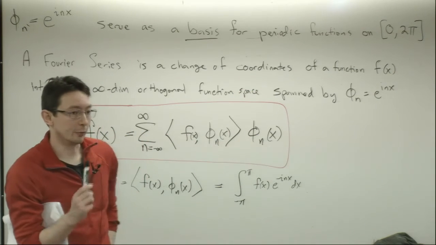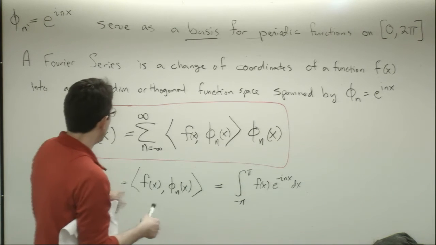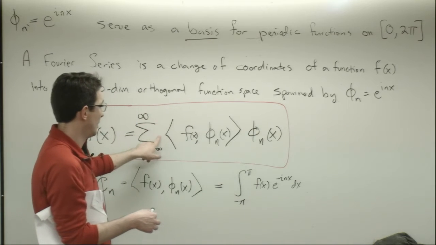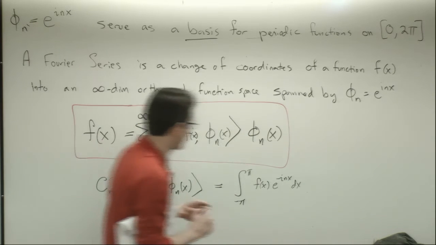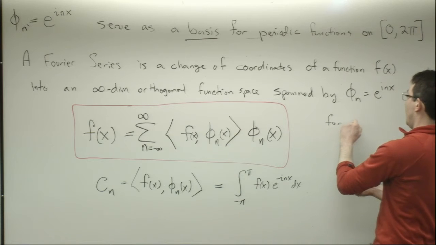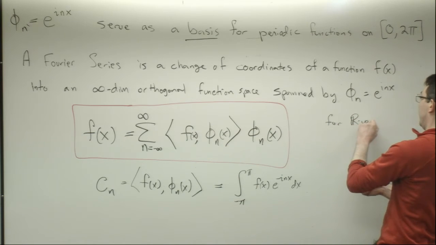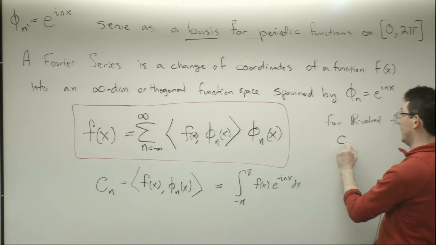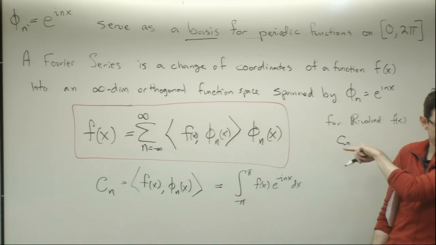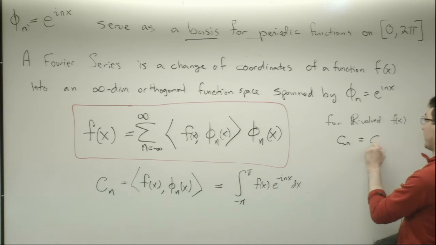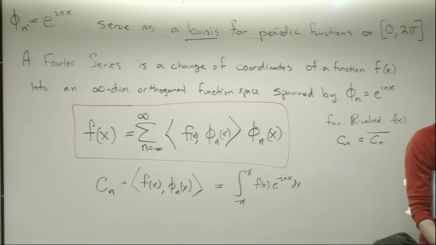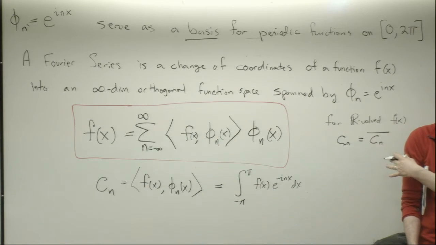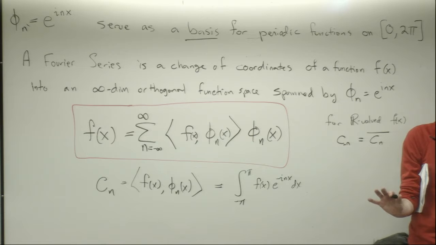If f of x is a real valued function, then we know that for real valued f of x, our coefficients c of minus n, negative n coefficients, are equal to the complex conjugates of our positive n coefficients. So c minus 5, the minus fifth coefficient, is the complex conjugate of the fifth coefficient. We derived this in the last class.